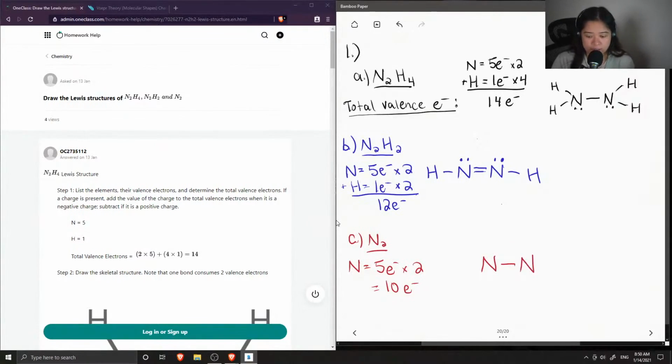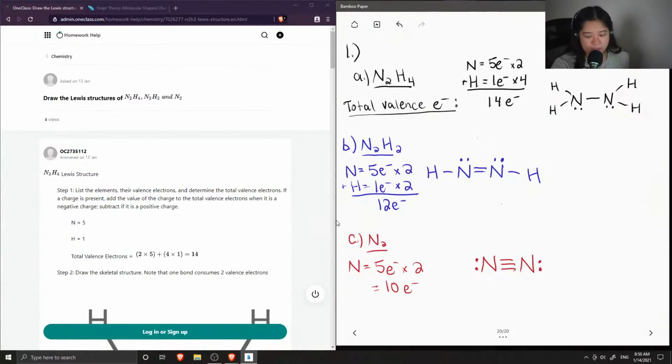And typically with diatomic elements, nitrogen would have this triple bond in between the 2, and then each would carry a lone pair. So let's double check and count out how many electrons are in this structure. We have 2 for each bond, so 6 plus 4. So this is 10 electrons, so this is the correct Lewis structure for diatomic nitrogen.